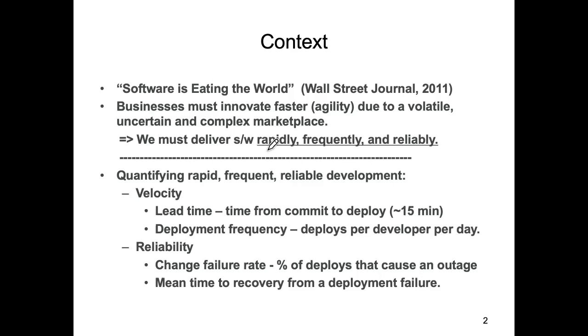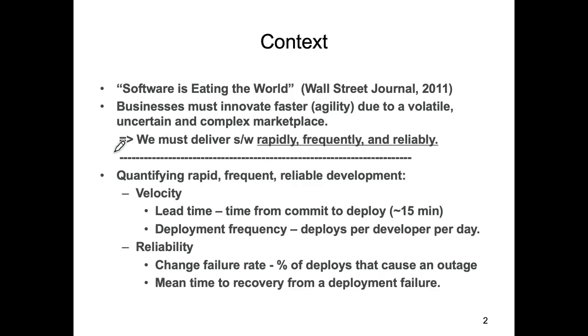We can't say we can give you that feature in 6 months' time or a year's time. The turnaround of features needs to be frequent, and obviously it needs to be reliable. So that's where we come in, really. How do we as software developers achieve that aim or that objective?